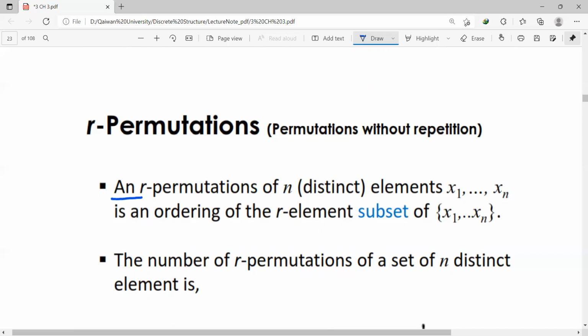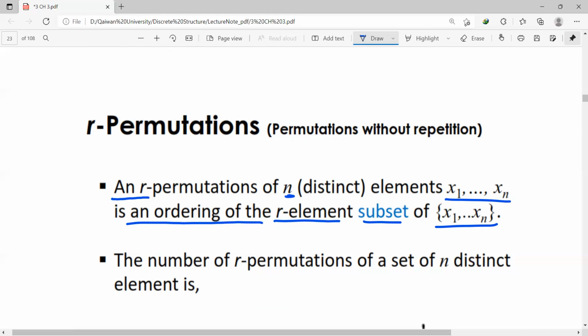Here we say the permutations of n distinct elements: it's an ordering of an R element subset of x1, x2 up to xn. That means here we choose R elements from n distinct elements.